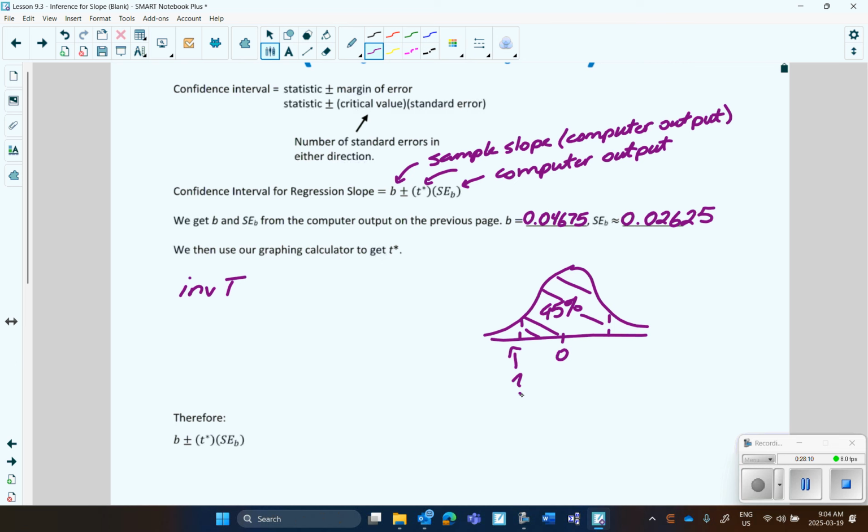Remember, if this is 95%, these two are 5%, which means this one is 2.5%.